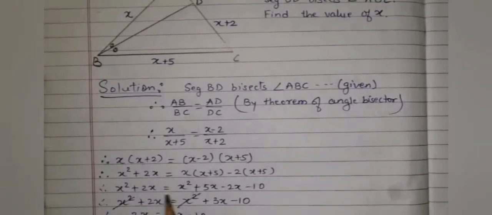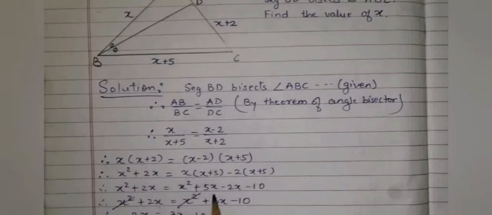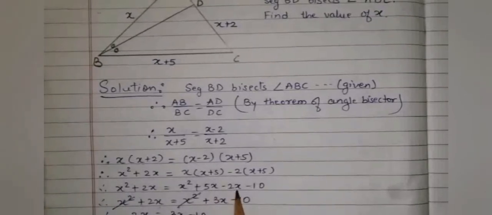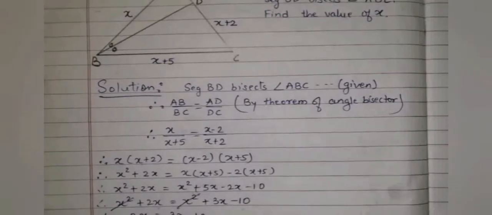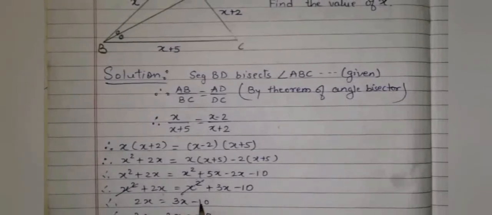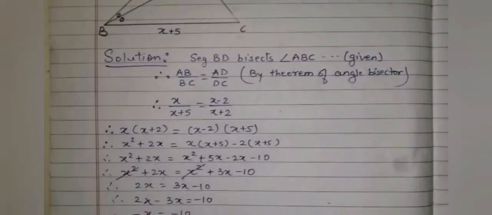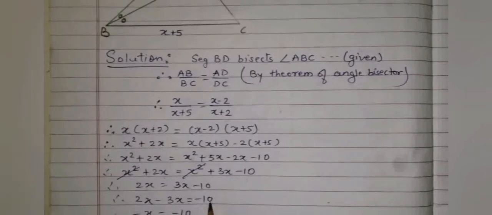Now X square on both the sides, we can cancel. 2X remaining here, 5X minus 2X is 3X, this is minus 10. So 2X equals 3X minus 10. 3X we bring to the left side, so 2X minus 3X equals negative 10.